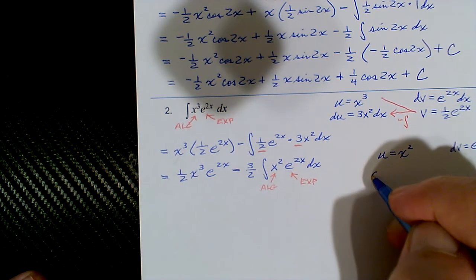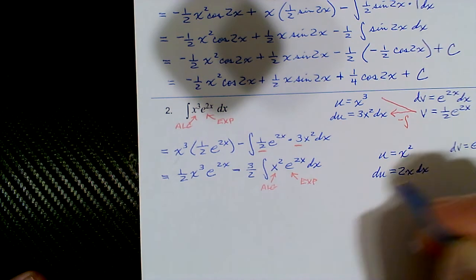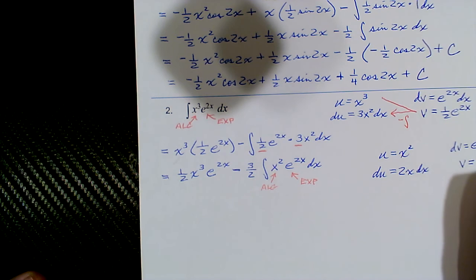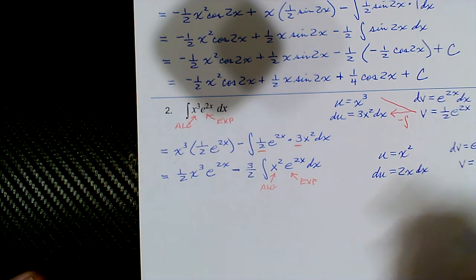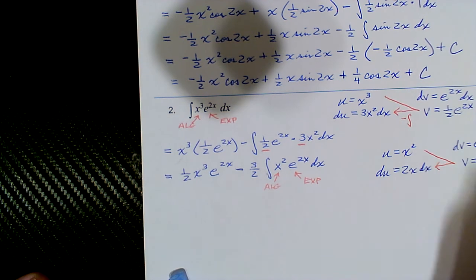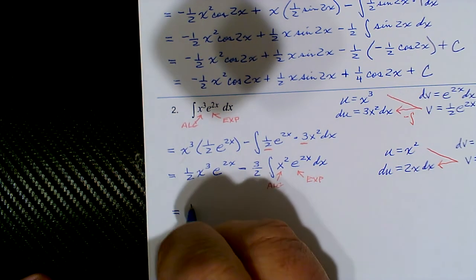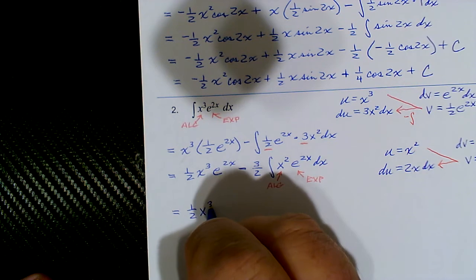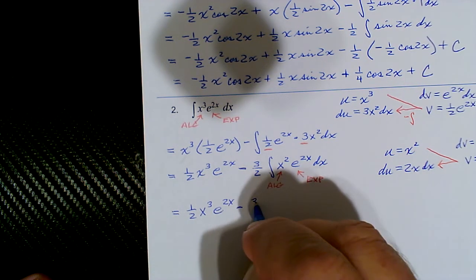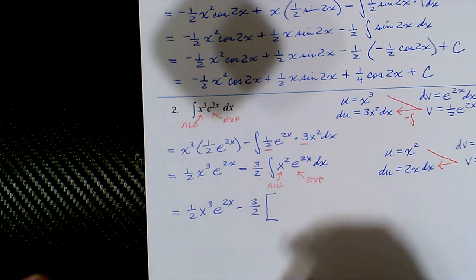So we get the du is 2x dx. We don't modify again. V is equal to integrating e to the 2x, 1/2 e to the 2x. The integration by parts formula again, u times v minus the integral of v du. Okay, this 1/2 x cubed e to the 2x is part of the solution. Just going to have to recopy that as we go. And then we have minus 3/2, and here's something important.